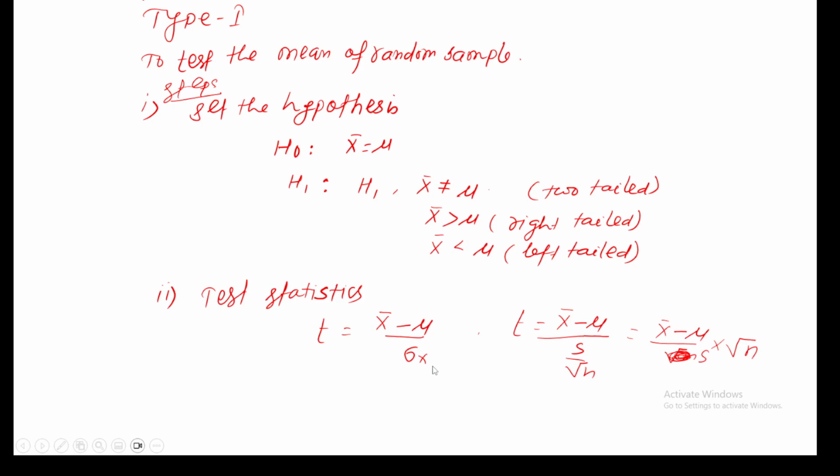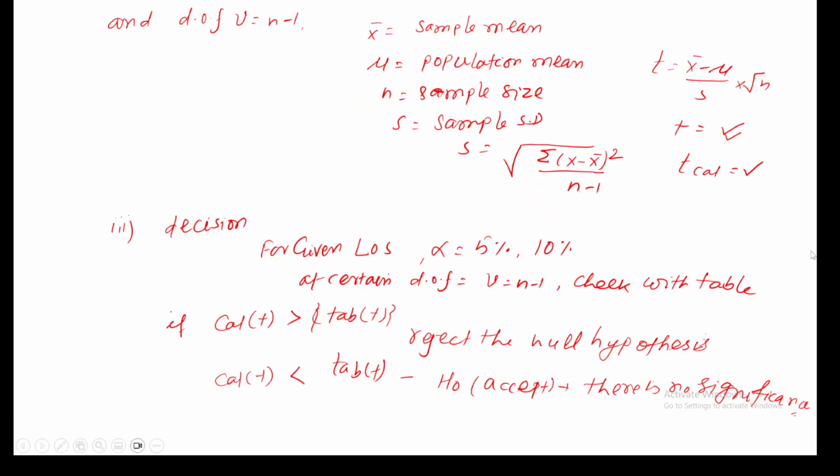So for simple mean of a random sample, this is the formula: s by root n. For s we have the formula also, the sample standard deviation: root under summation of x minus x bar whole square by n minus 1. Then degree of freedom will be n minus 1.